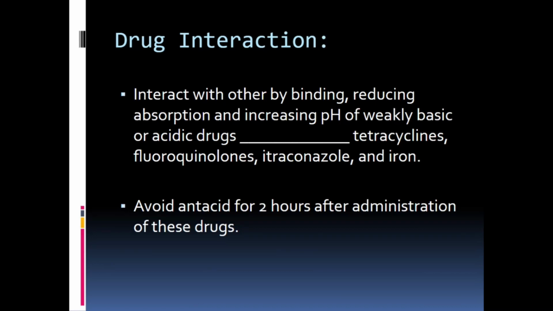What is polypharmacy? When the person is using multiple drugs at simultaneous times. So it is always advisable, whether you know the interaction or not, to make a gap between the different classes of medication and different doses to minimize and completely reduce drug-drug interaction, and the same is true in case of antacid.